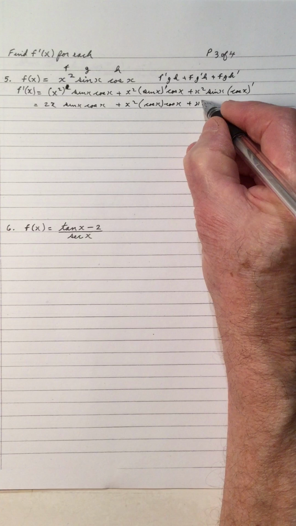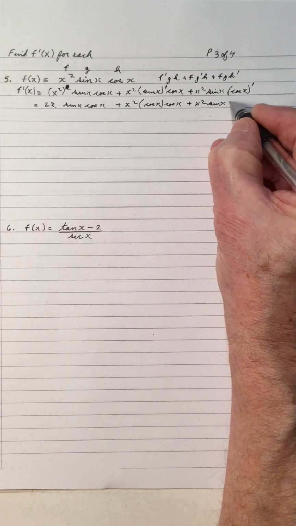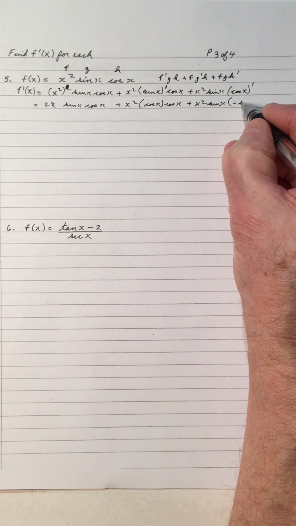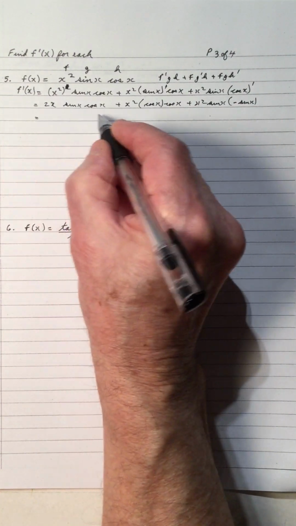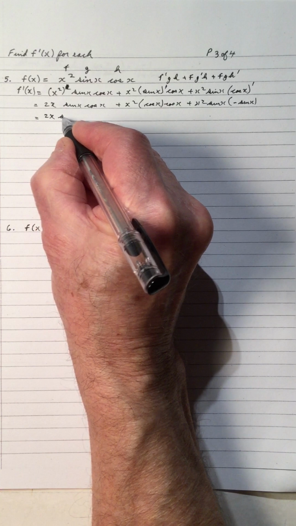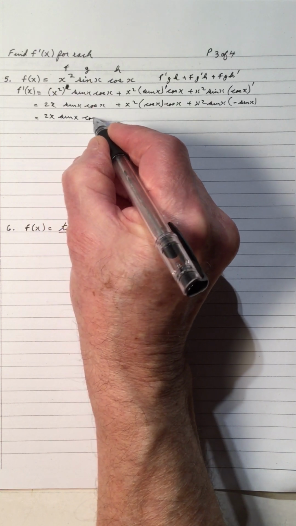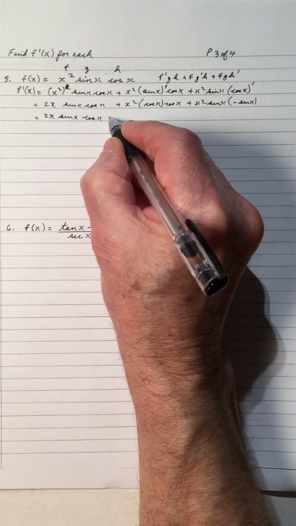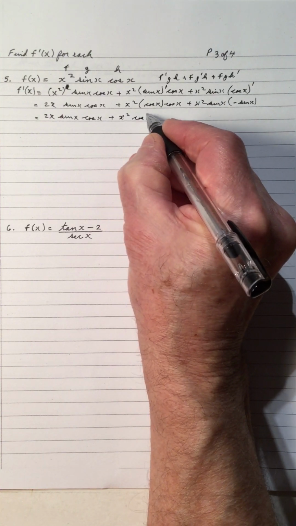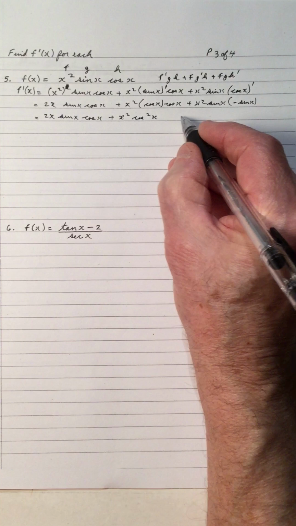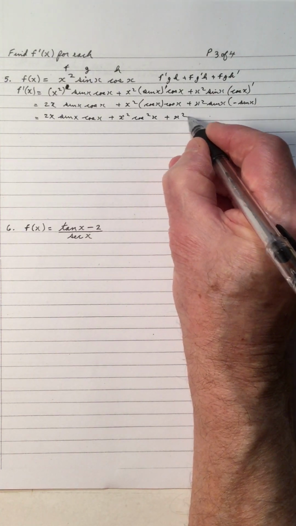And then we do x squared sine x, derivative of cos is negative sine. And we simplify that, and we get 2x sine x cos x. And here we have x squared cos x times cos x is cos squared x plus x squared.